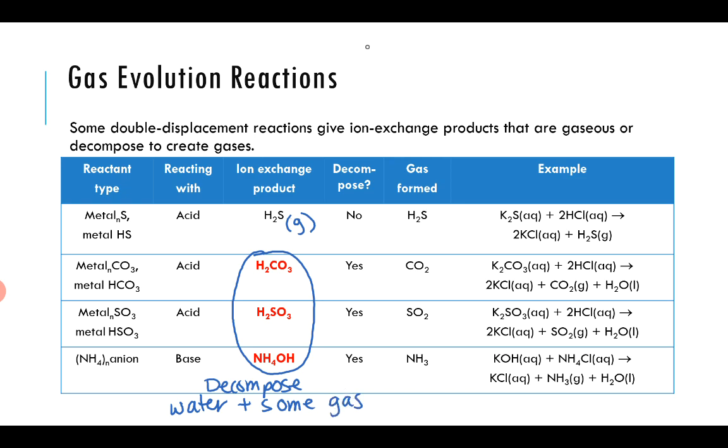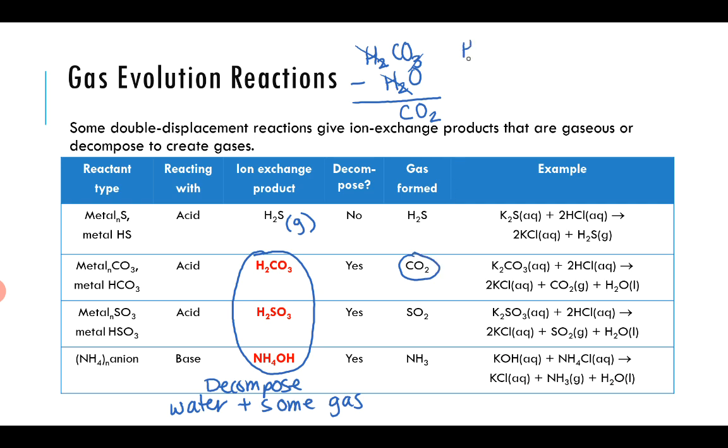And so if we come up here, we have H2CO3, and let me subtract water. And so 2 hydrogens, subtract that away. 3 minus 1 is 2. And then 1 carbon. So my gas is carbon dioxide.